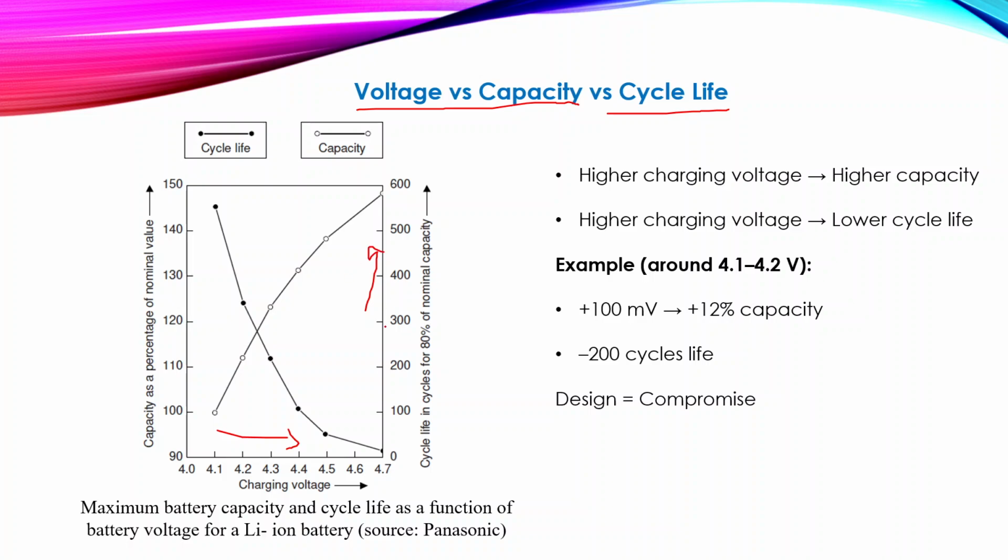However, it significantly reduces the cycle life. For example, a 100 millivolt increase can increase capacity by 12%, but reduce cycle life by around 200 cycles. Therefore, the maximum voltage level is chosen as a compromise. That's why I mentioned here design equals compromise.